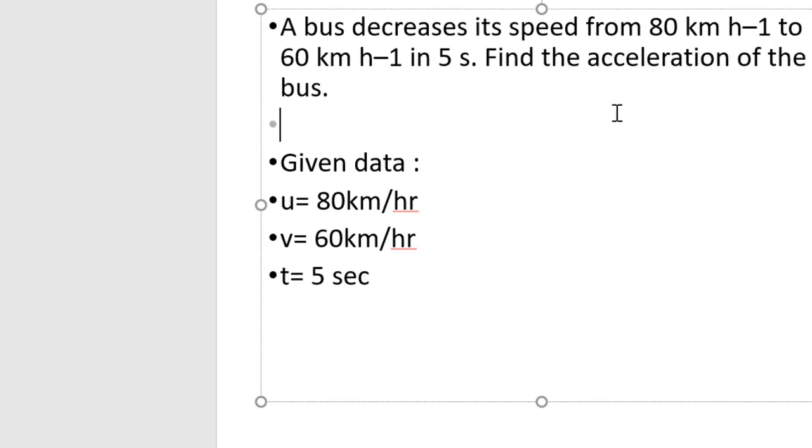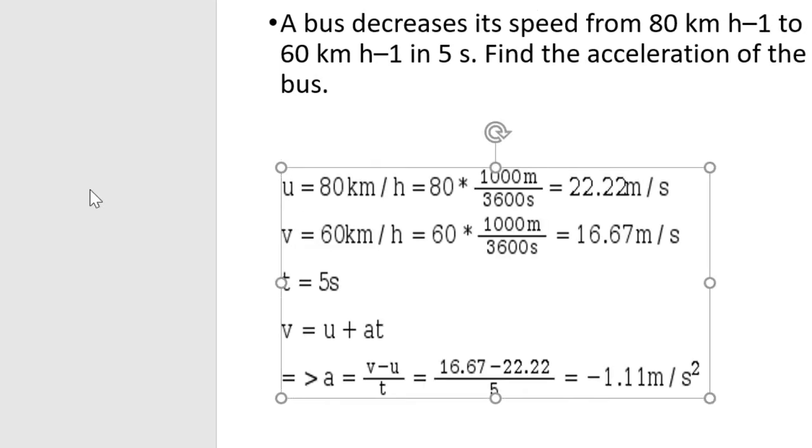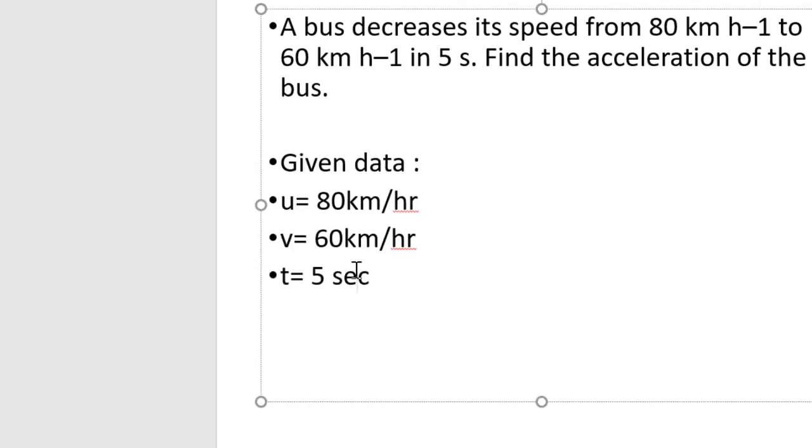One more important thing that I would like to tell you here is, remember that if the speeds are in kilometers per hour, your time has to be in hours, right? Or what you can do is, if your time is in seconds, then you have to convert kilometers per hour into meters per second.